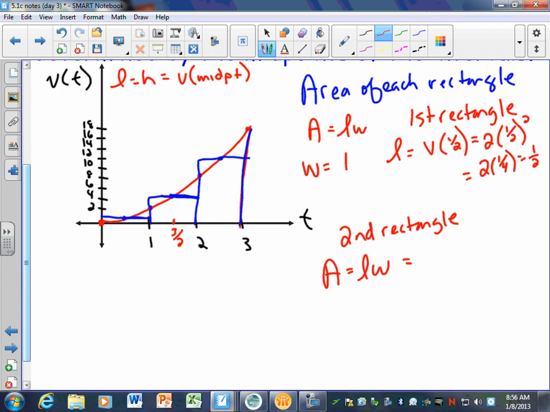Plug it into the function, right? Because that's touching the function. That's how I know how tall to make my rectangle, is where it touches the function itself. You follow me on that? So I'm going to take 2 times 3/2 squared, that's my length, or my height, times the width, which in this one happens to be 1.